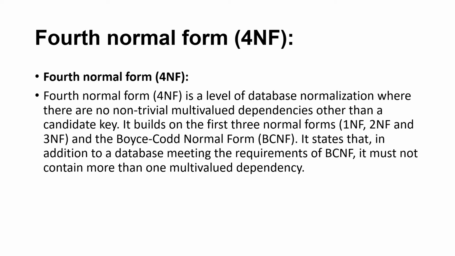Now we are studying fourth normal form. The basic condition for all the normal forms is that the previous normal form should be satisfied, and only then can the next normal form be applicable. Fourth normal form is a level of database normalization where there are no non-trivial multi-valued dependencies other than a candidate key. It builds on the first three normal forms and Boyce-Codd normal form, BCNF.